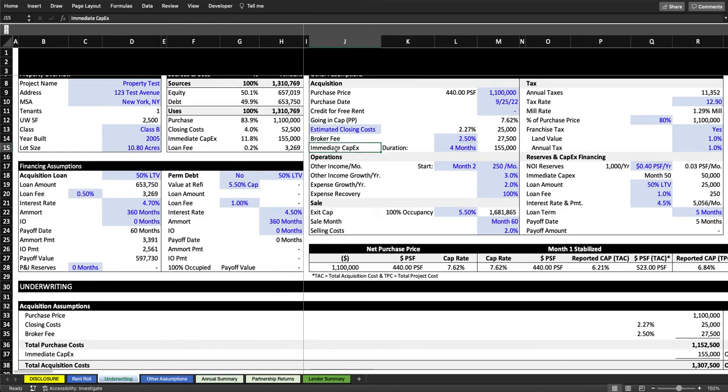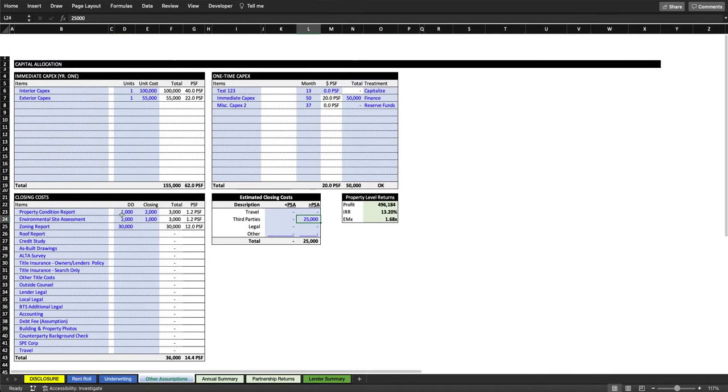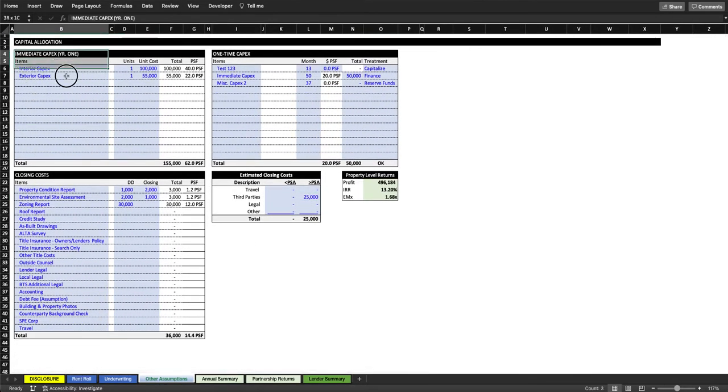And then finally, based on the immediate CapEx you're spending, so assuming you're acquiring the asset for 1.5 in terms of the sale price, but then you need to put in, let's say, $300,000 into renovations, right? What you'll do is you go to the other assumptions tab, and here is that immediate CapEx, so year one. So what renovations are you going to do to ensure that this asset is now able to maximize potential?